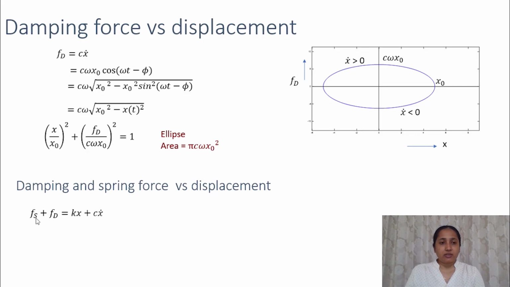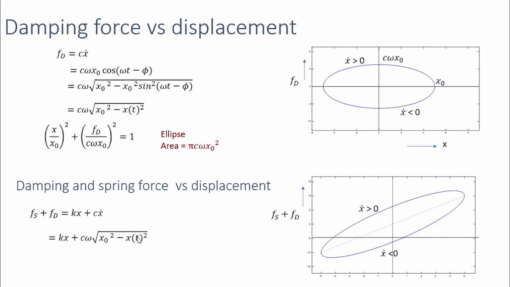So we know that the spring force is equal to kx and the damping force is same as c x dot. So the c x dot can be represented like this. So this represents again an ellipse, but it is rotated, and the rotation is determined by the term kx. So this Fs plus Fd is represented by this blue ellipse.